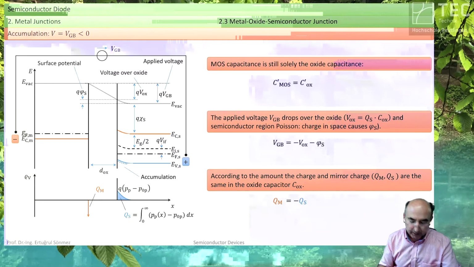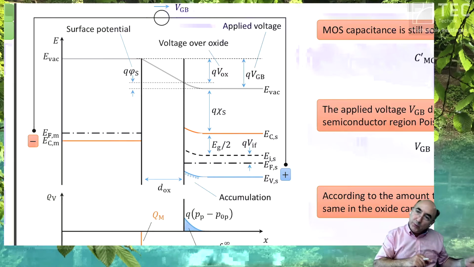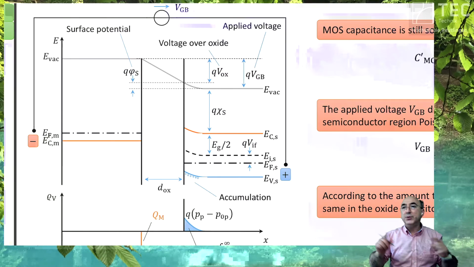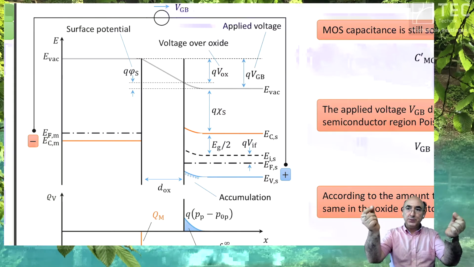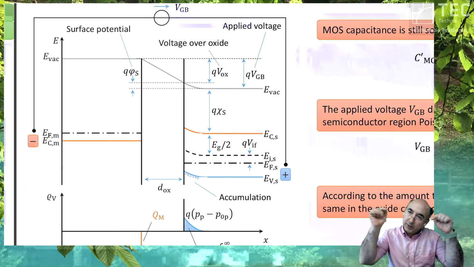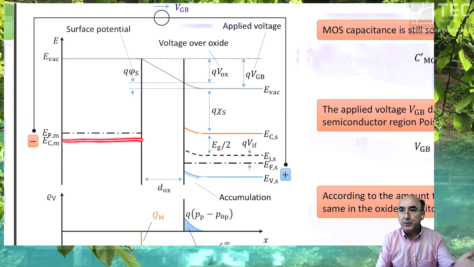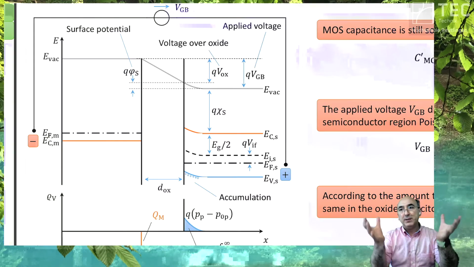Well, okay, what does that mean? Where is this voltage consumed? If you have a voltage in between, the voltage drops across the air. Where does the voltage drop in the MOS area? The voltage doesn't drop in the metal. We learned metal is the equipotential area. Yeah, exactly. Then, what is oxide? Oxide is something isolating.